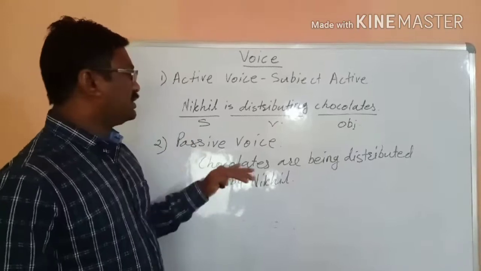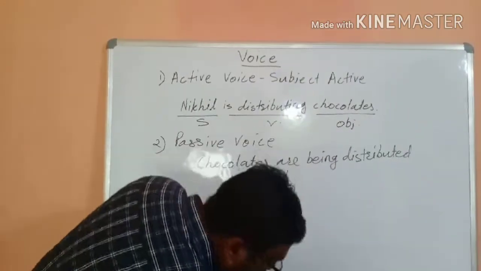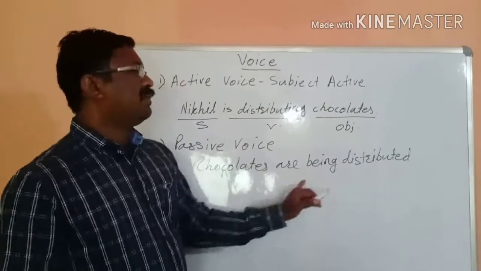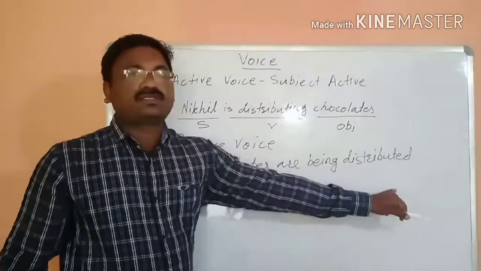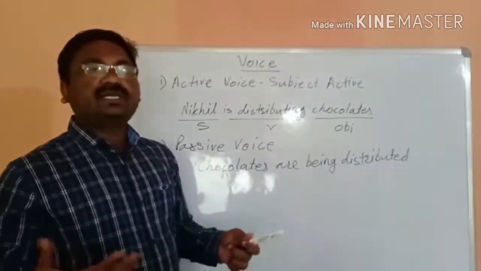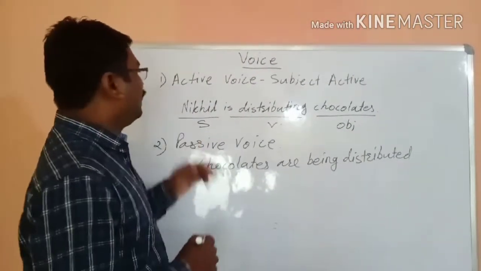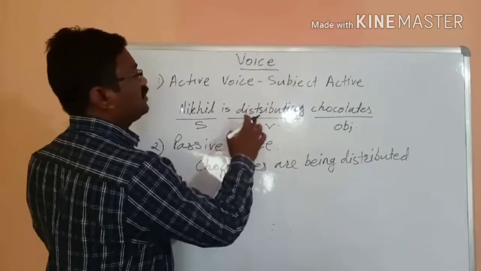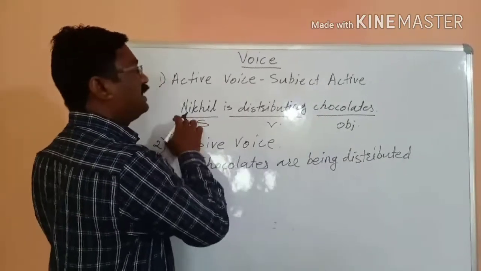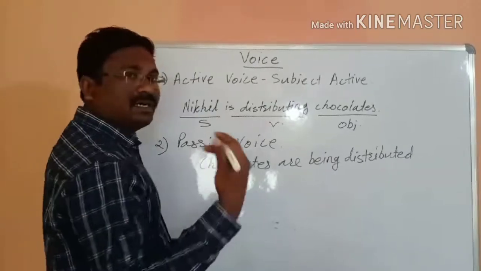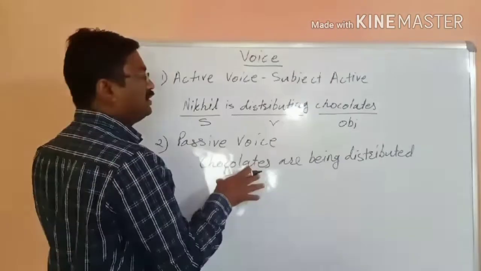Here no importance is given to Nikhil. So chocolates are being distributed. Who is doing that is not important here. So Nikhil is distributing chocolates: here Nikhil is doing the action in this sentence, and in the second sentence the action is done upon the object.